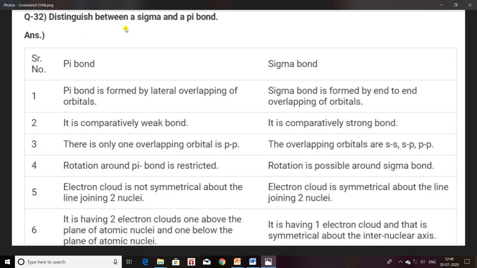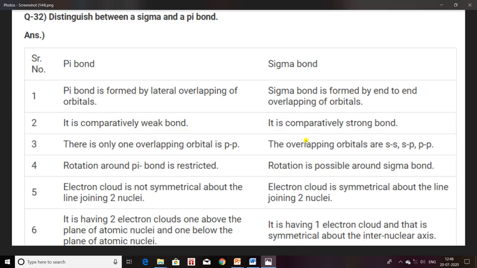Next question is, distinguish between a sigma and pi bond. So pi bond is formed by lateral overlapping of orbitals. That means sideways overlapping of orbitals. And sigma bond is formed by head-to-head or end-to-end overlapping of orbitals. Pi bond is comparatively weak bond because there is less overlapping.